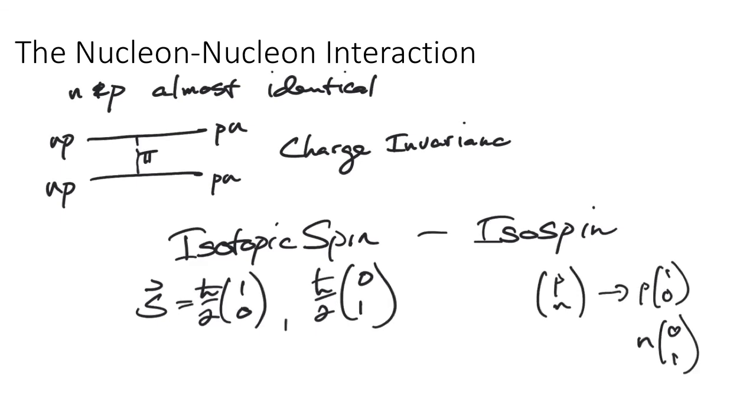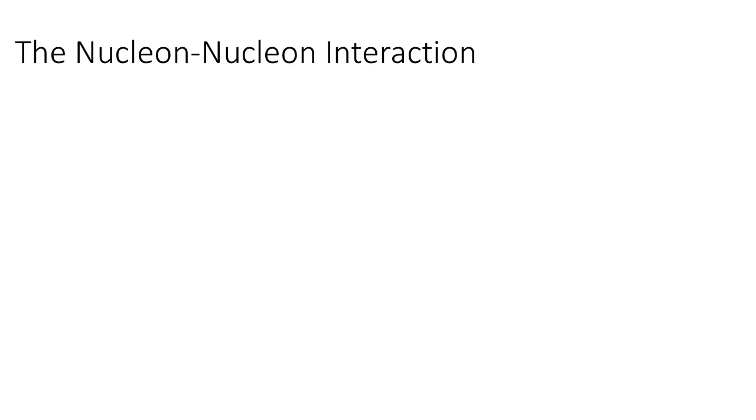Two different projections of this esoteric isospin vector, which can be projected either into the up state, which is the proton, or the down state, which is the neutron. And I should say the pion as well can be thought of as a total isospin equals 1 state that has a projection of +1, 0, and -1, which map exactly onto the pi plus, pi 0, and pi minus states.